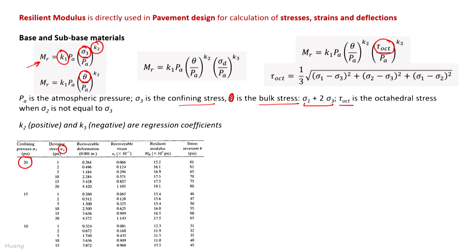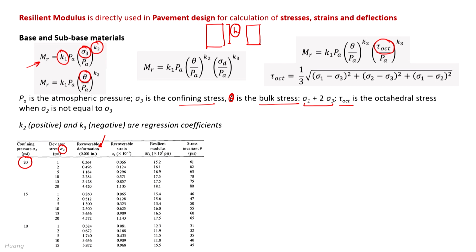And then we have the specimen with us. Let us say this is the specimen, and I know its height. When I start loading this specimen, the height will change, and if permanent strain accumulates, there will be a permanent change in the height after each load repetition. Taking the initial height of the specimen and what happens after different load applications, I can calculate the amount of recoverable deformation.